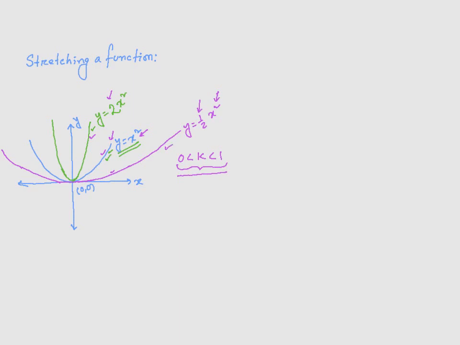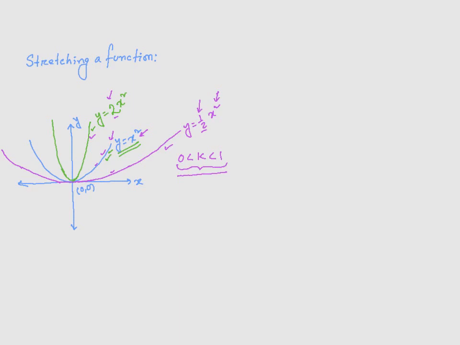You can see this magenta one is looking wider compared to the blue one because I multiplied it by 1/2. If I were to multiply it by 1/4, it's going to look even wider. That means it flattens the function. And multiplying by an integer greater than 1, or any number greater than 1, basically shrinks it.